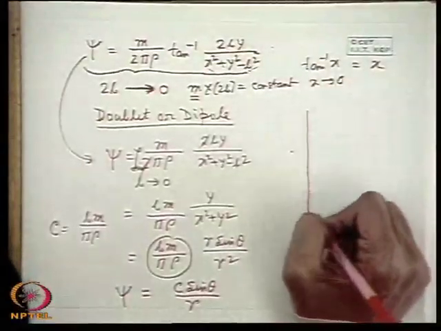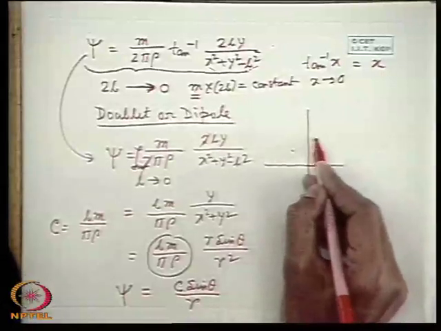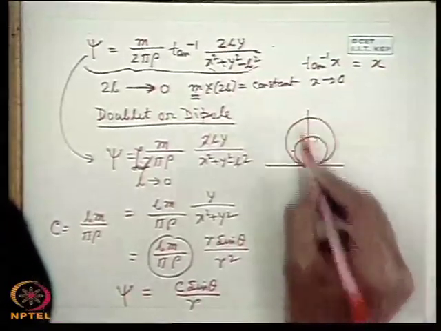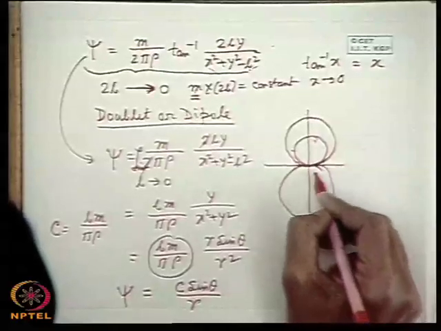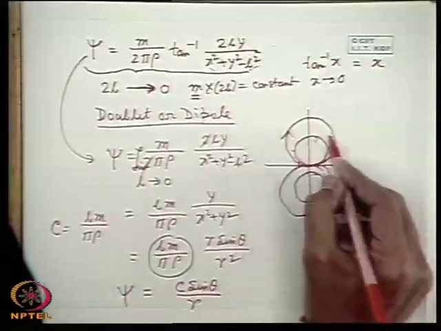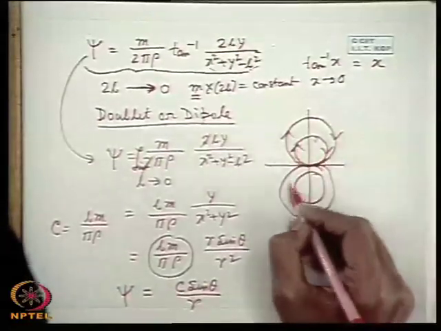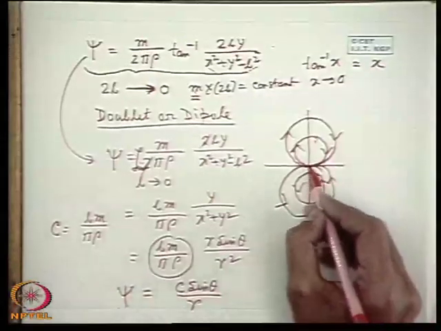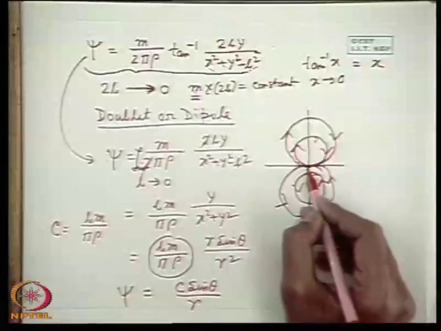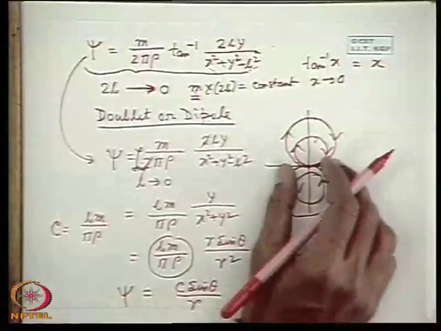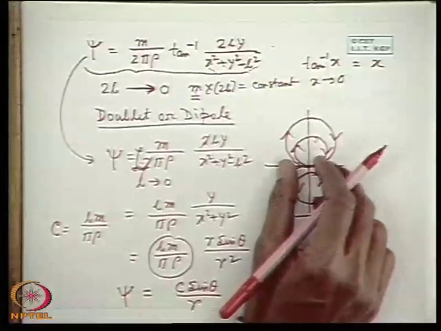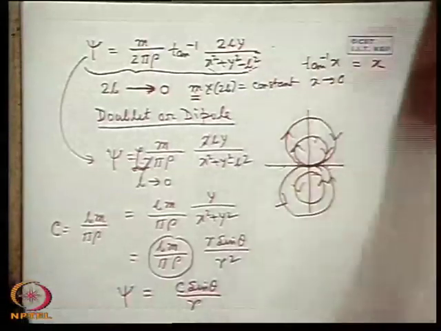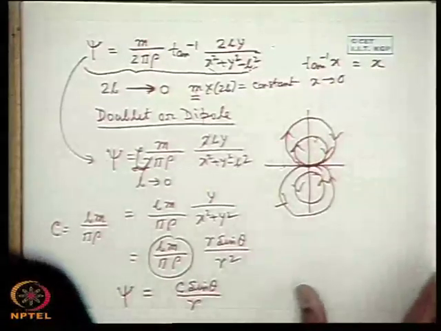That means this will be the nature of this dipole, where the dipole is at the origin, because they are placed symmetrically about the origin and the distance of separation is tending to 0. This is the dipole or doublet, streamlines of the dipole or doublet, constant stream functions.